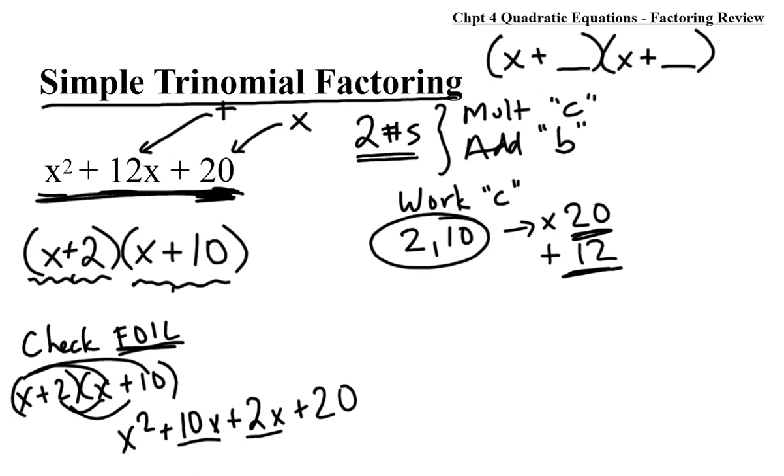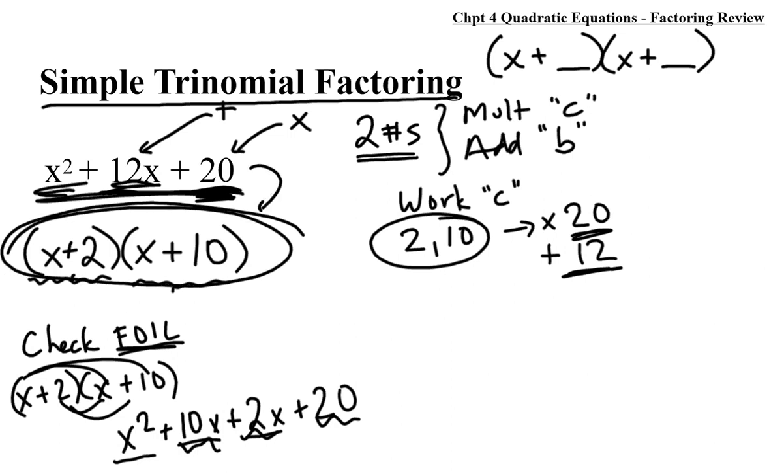Combine the like terms, x squared, 12x, and 20. This is the factored form for our simple trinomial. Two numbers, multiply to the constant, add to the coefficient on our x. When you find the combination, it's your factored form.